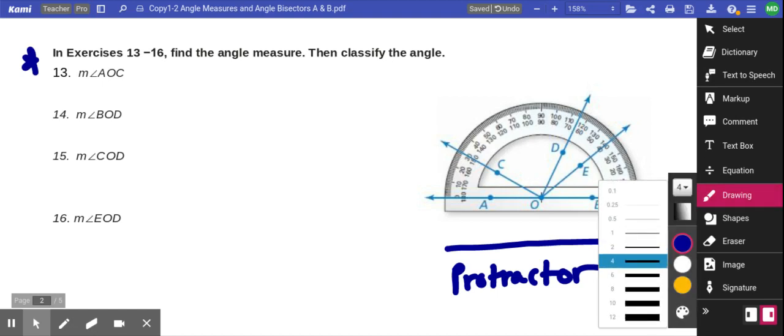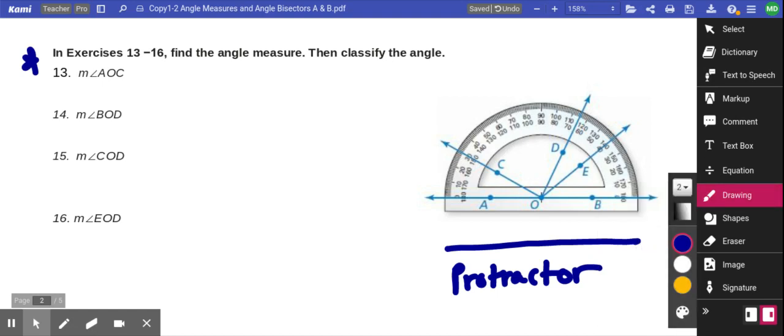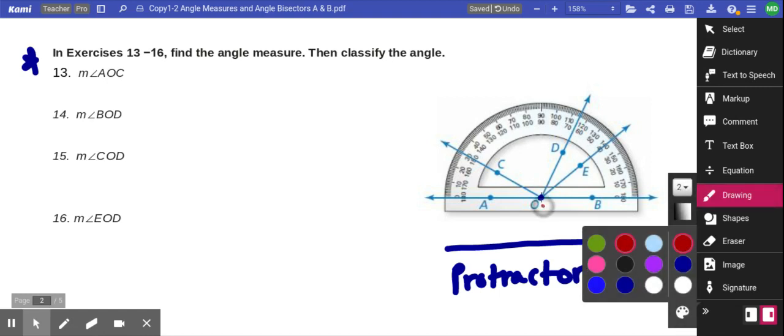So how this works is the vertex of my angle is going to start at the center here at O. That is our vertex. So if I'm looking at number 13, I'm looking at the measure. This M just means measure.